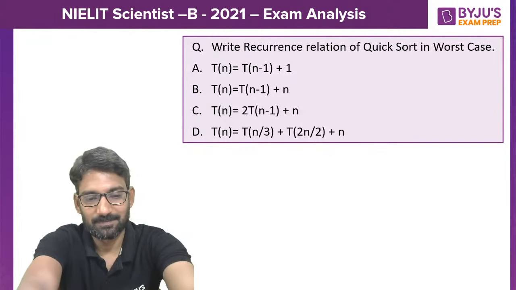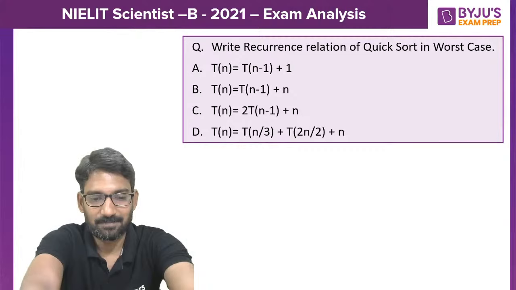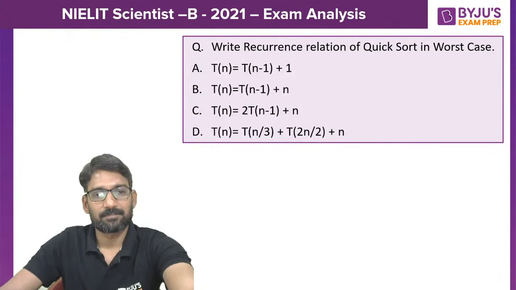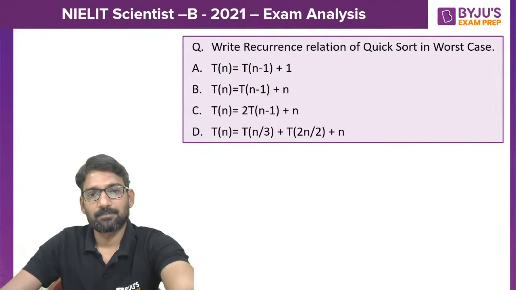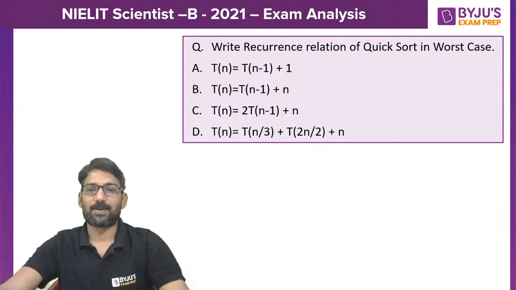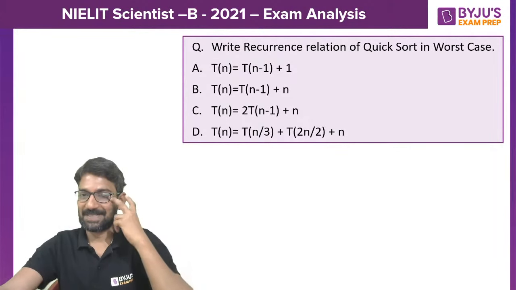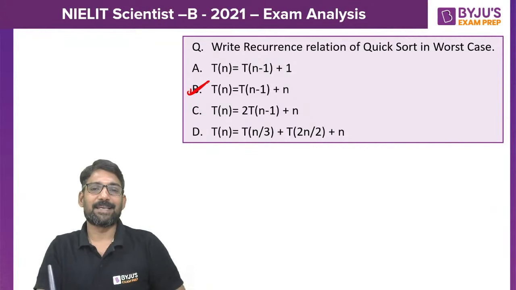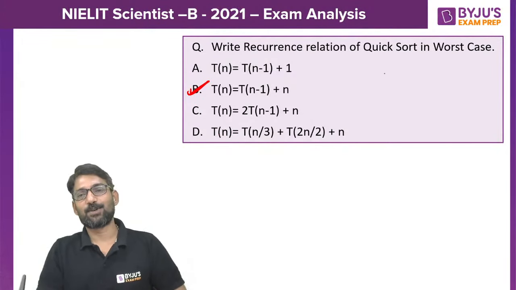It is T of n minus 1 plus n. What is the recurrence relation of quicksort in the worst case?